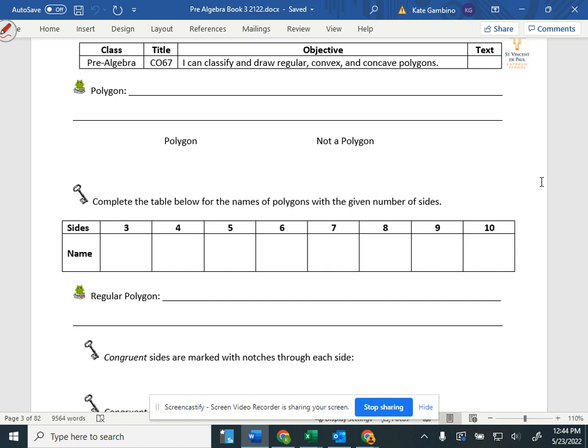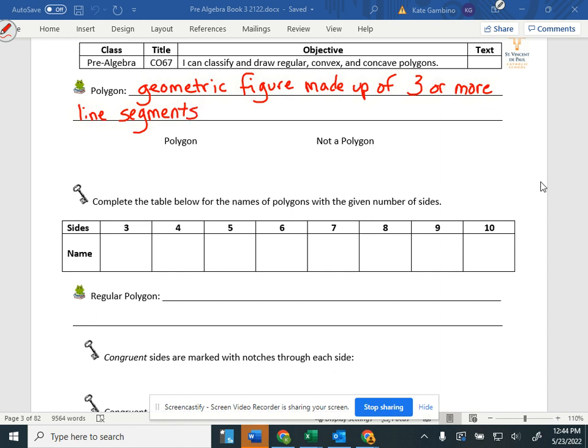So first thing we need to know is what is a polygon? A polygon is a geometric figure made up of 3 or more line segments that intersect only at their endpoints.